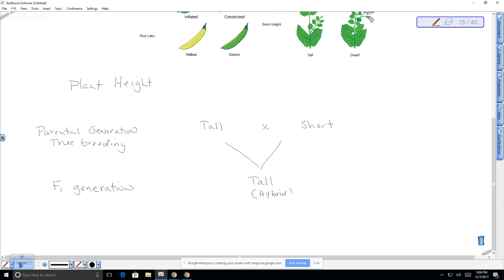And this would be a hybrid. It's a hybrid because it has parents that are different, right? And it is also a hybrid because it is not going to be true breeding. It is not going to always produce tall plants, okay? So if I bred two of these hybrids together, what I'm going to get is tall and short.